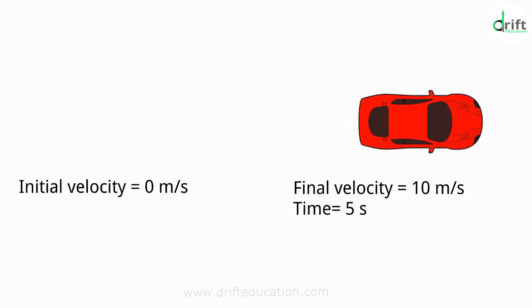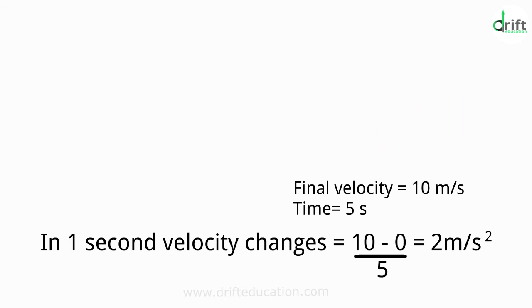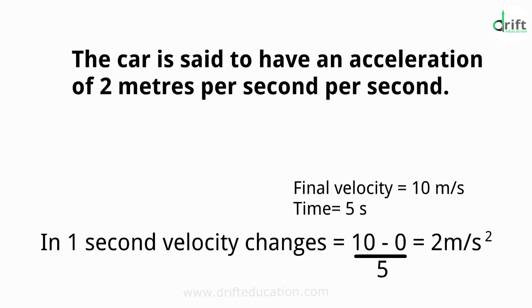Now, in 5 seconds, the velocity has increased by 10 minus 0, equal to 10 meters per second, and in 1 second the velocity increases by 10 divided by 5 equals 2 meters per second. In other words, the rate at which the velocity increases is 2 meters per second every second. The car is said to have an acceleration of 2 meters per second per second.